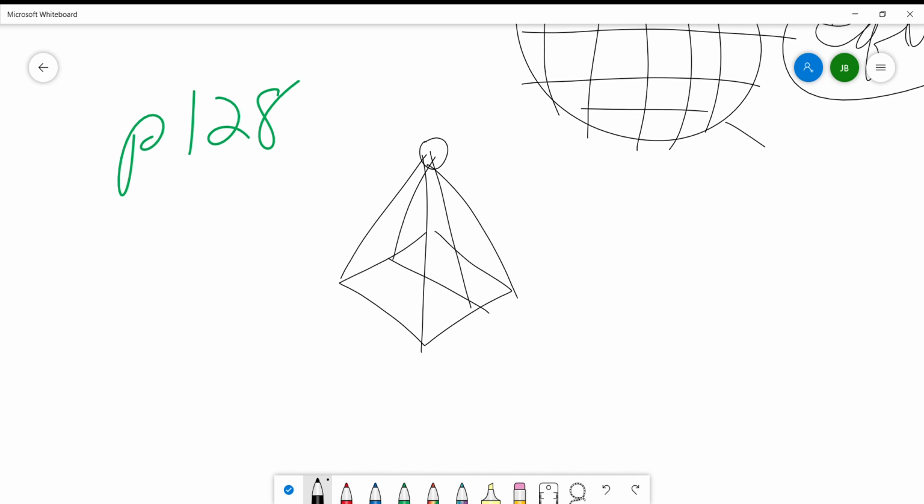If you cross through the vertex and part of the base, you're going to get some kind of triangle. Now, you can always cut through a pyramid with a wonky cross section like this and get some other kind of wonky shape, but I doubt they'll do that to you on a test. We'll see.